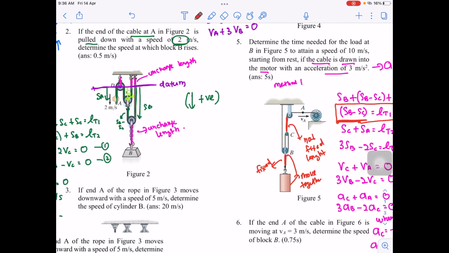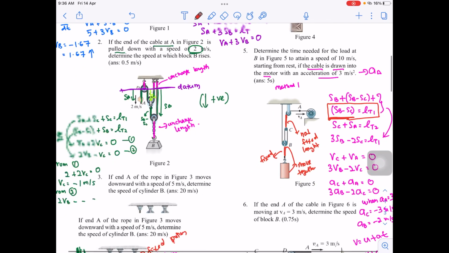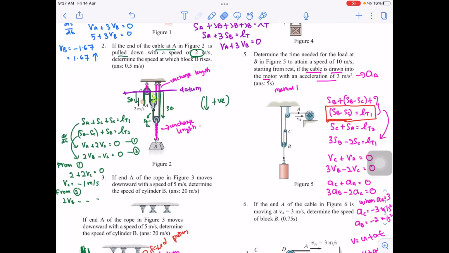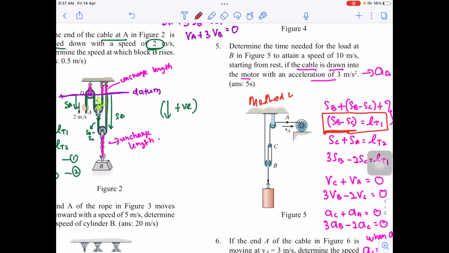So, method number 2. Okay, kita tahu yang A ni, this point A and also point C sama, same. They have the same tali, same rope lah.